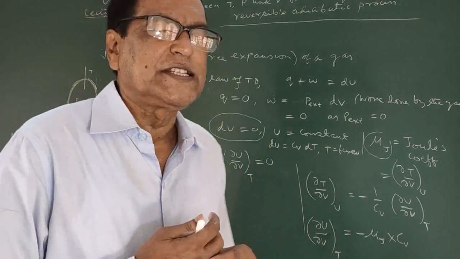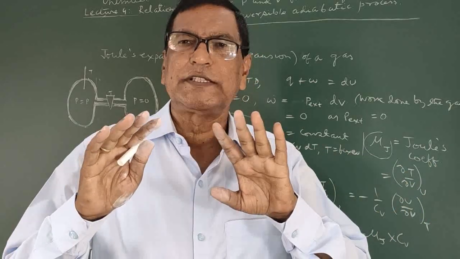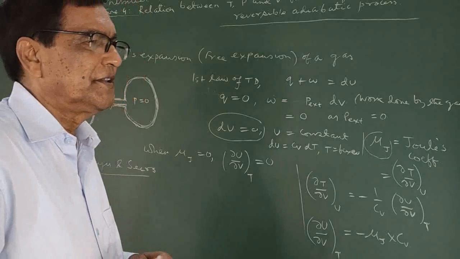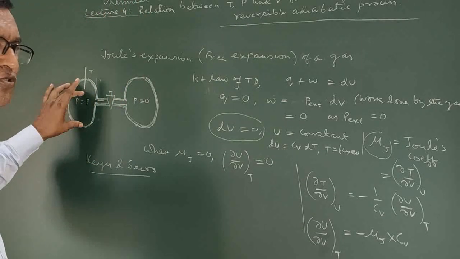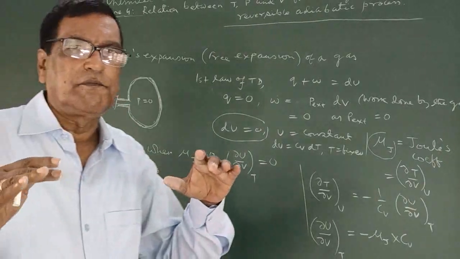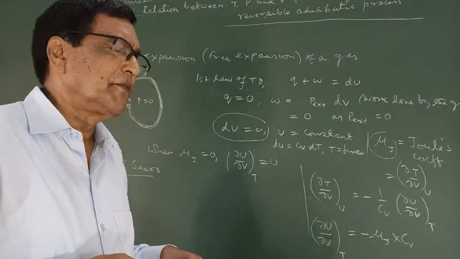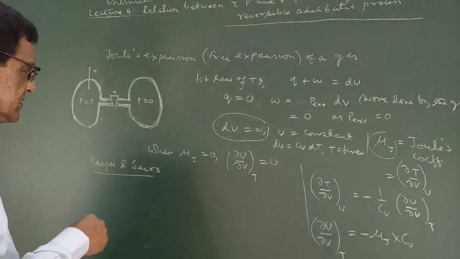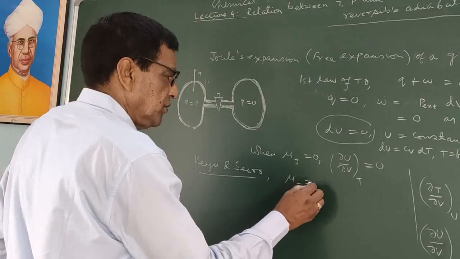But later on, Keyes and Sears in 1940 repeated this experiment with a greatly improved setup. They used a very precise temperature recording instrument, and they found that there is a slight change in temperature. Whenever there is a slight change in temperature, mu j is not equal to 0.